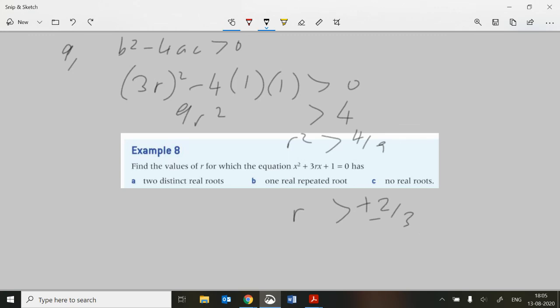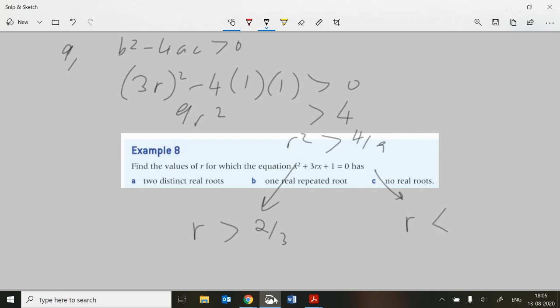Okay, now what we need to do in this situation is think about splitting this into 2. So we can say, well, look, r is going to be greater than 2 over 3. If I put in numbers which are greater than 2 over 3, it's going to give me numbers which are greater than 4 over 9 when I square them.